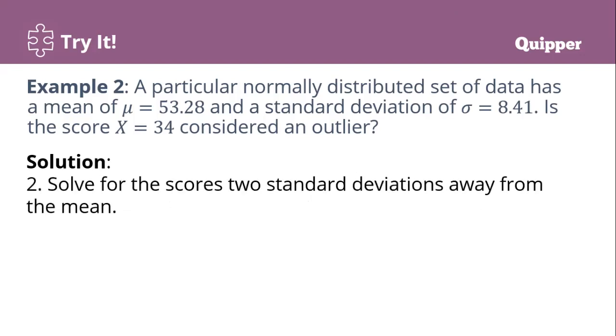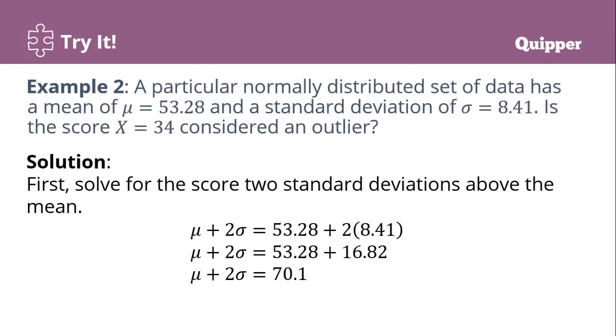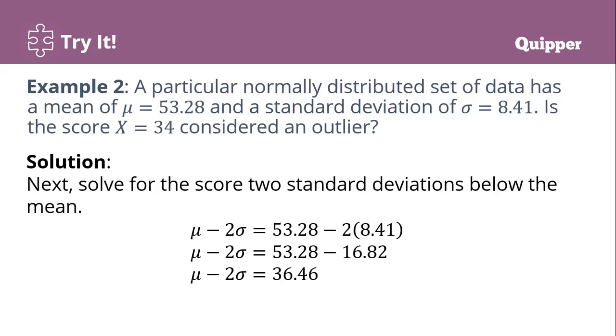Use the formula: mean plus 2 times the standard deviation. The mean is 53.28, plus 2, because it is 2 standard deviations, times the standard deviation 8.41. 2 times 8.41 is 16.82. So 53.28 plus 16.82 is 70.1, that's the answer.